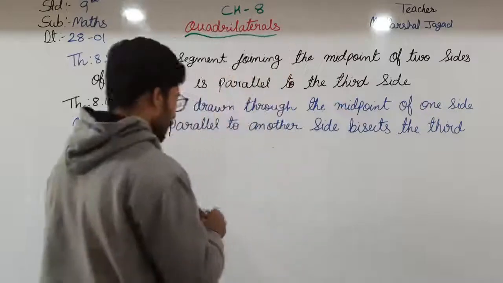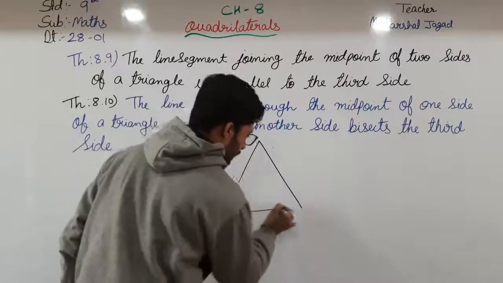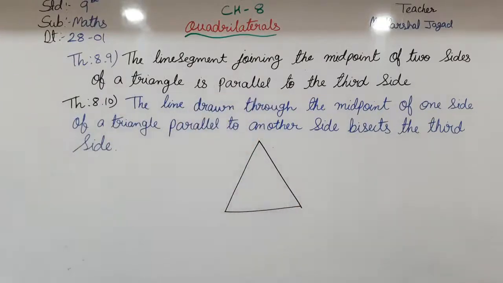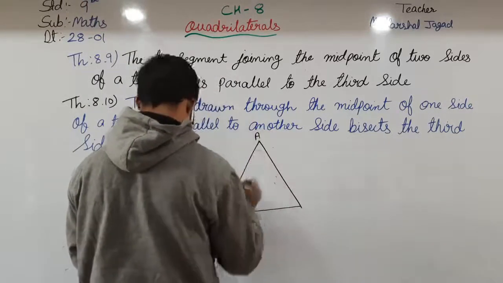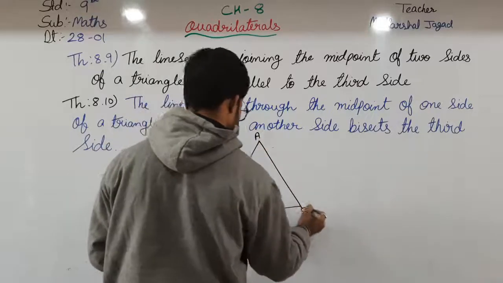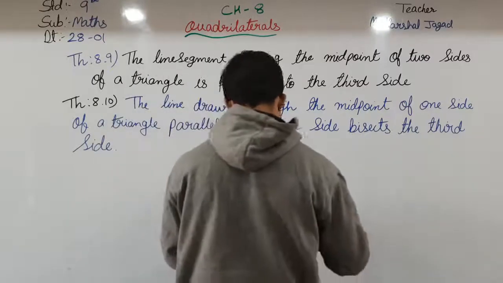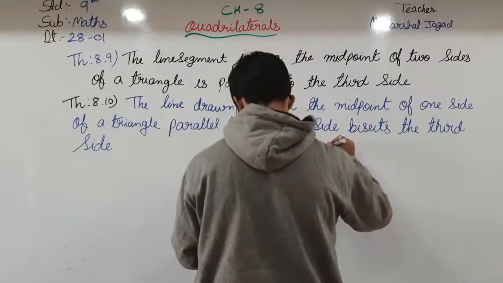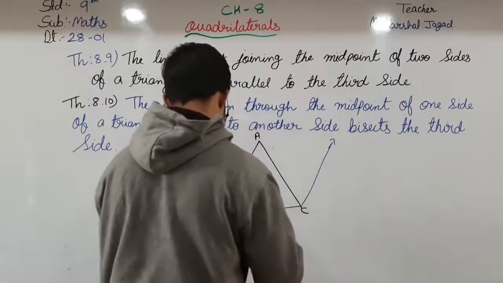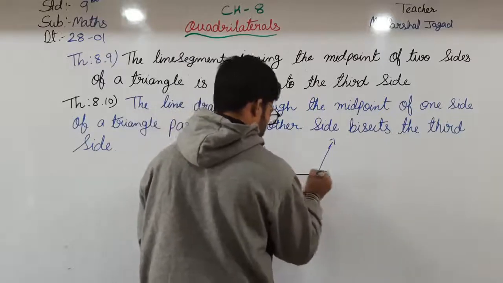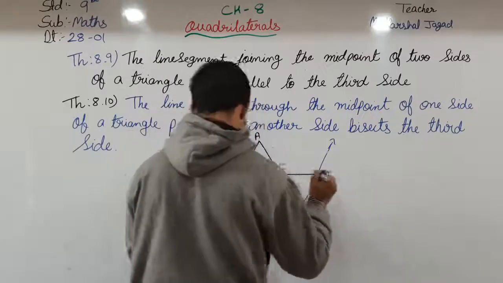Here, if I just draw a triangle, suppose this is a triangle, and you can see with the picture which is given, I am just giving the names according to that only, that is A, B, C, and the line passing through the midpoints is EF. Here it is E, F and D.